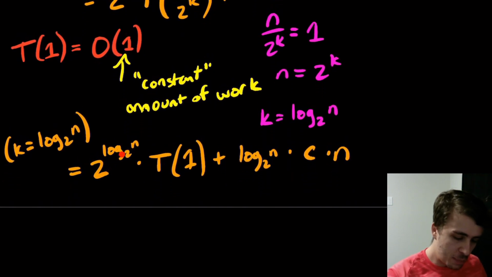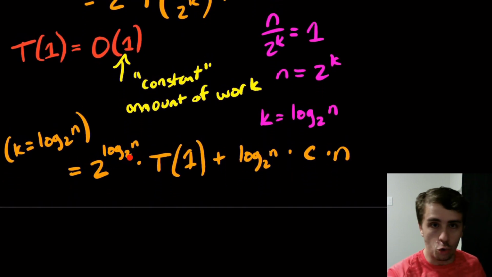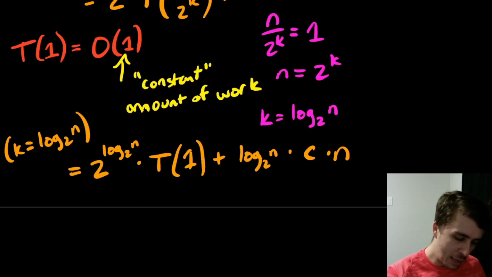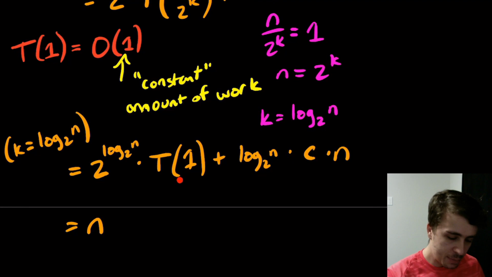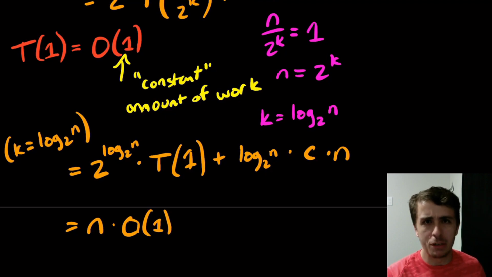Well, 2 to the power log base 2, so the 2 here corresponds to the base of the exponent right here. This will give us exactly n. Then times, well, t of 1 is just some constant, so big O of 1 is just some constant. It's abusive notation.